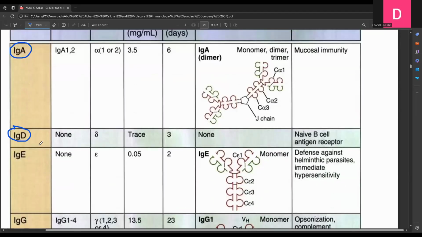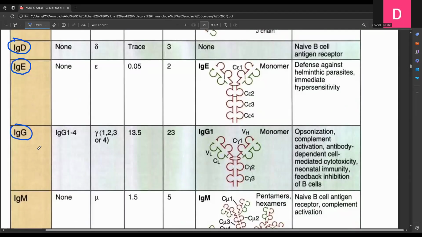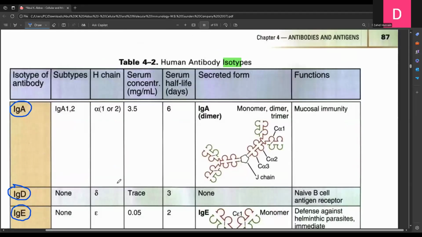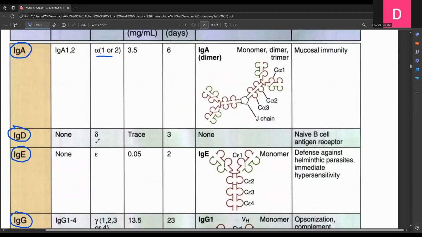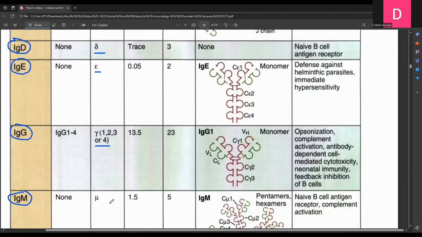IgE is epsilon, in IgG it's gamma, and in IgM it's mu. So when the heavy chain is alpha, then the type is IgA, when the heavy chain is delta, then it's IgD, epsilon, then IgE, gamma, then IgG, and mu, then IgM.